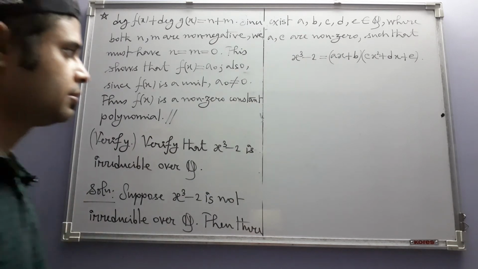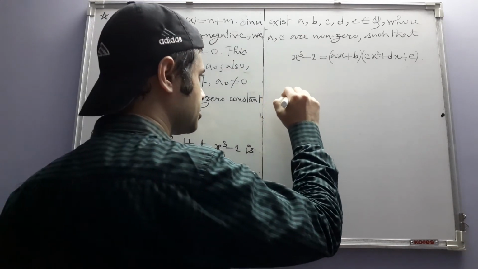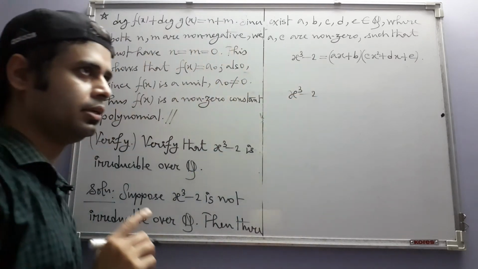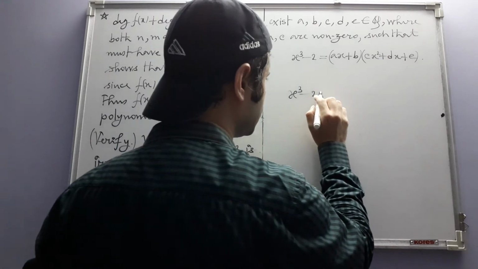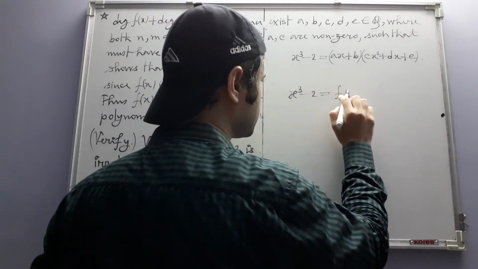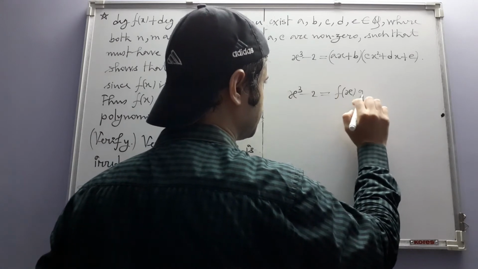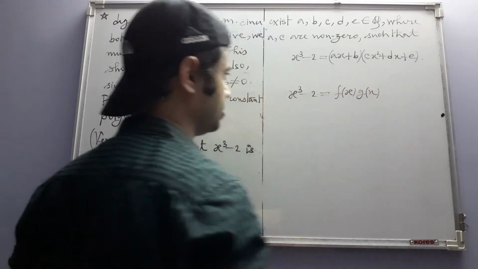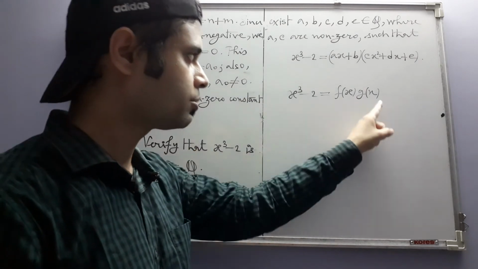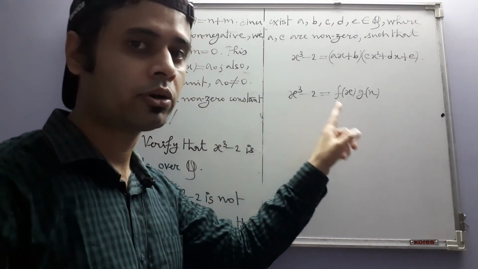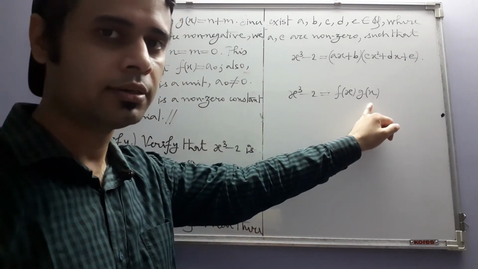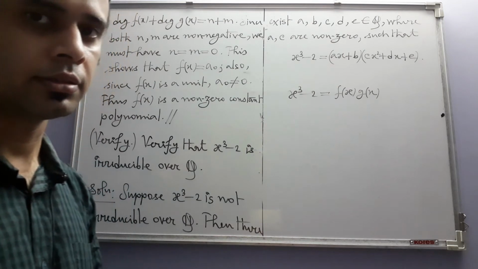Note that your assumption that x cube minus 2 is not irreducible implies, by definition, what does it say? It says that x cube minus 2 can be written as a product of two polynomials such that both of them are non-constant polynomials. That means each one of them has degree greater than 0.